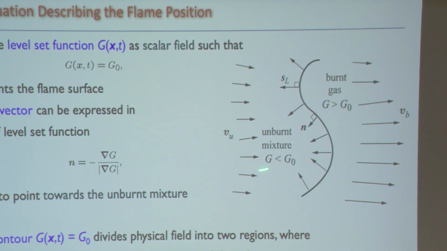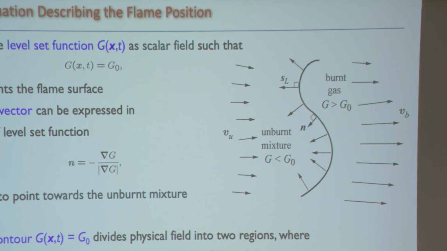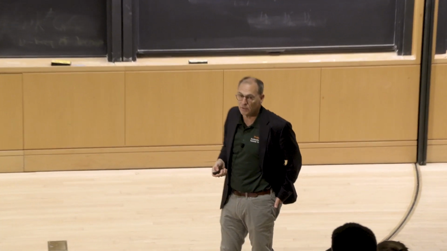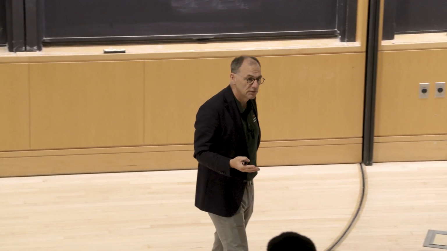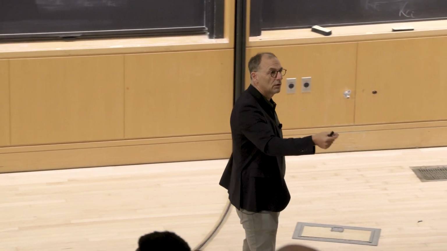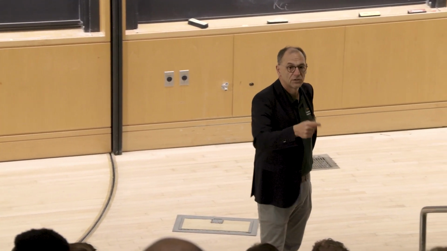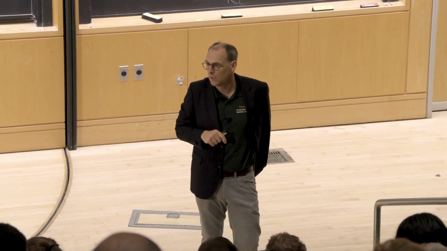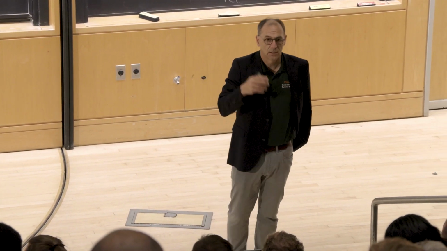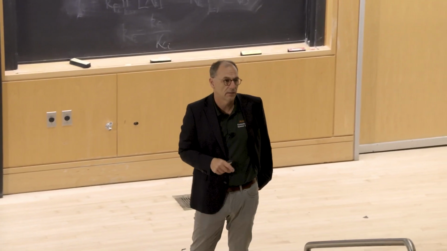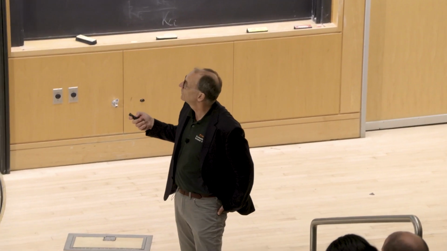Here the value of G is large, and here the value of G is small. Now, one definition for G that's often used is that of a distance function. So the local value of G is just the distance to the flame, okay? In the burnt it is a positive distance, and in the unburnt it is a negative distance.